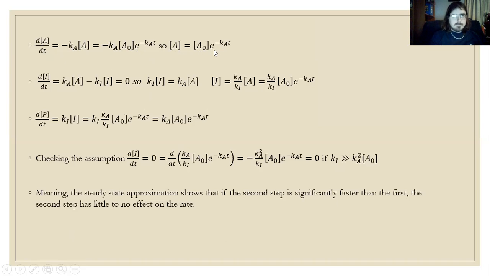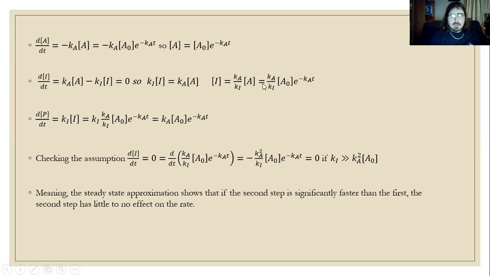Because of that, we've already found that relationship, A equals A naught E negative Ka T. And so we can solve for Ki, setting those equal and solving that.